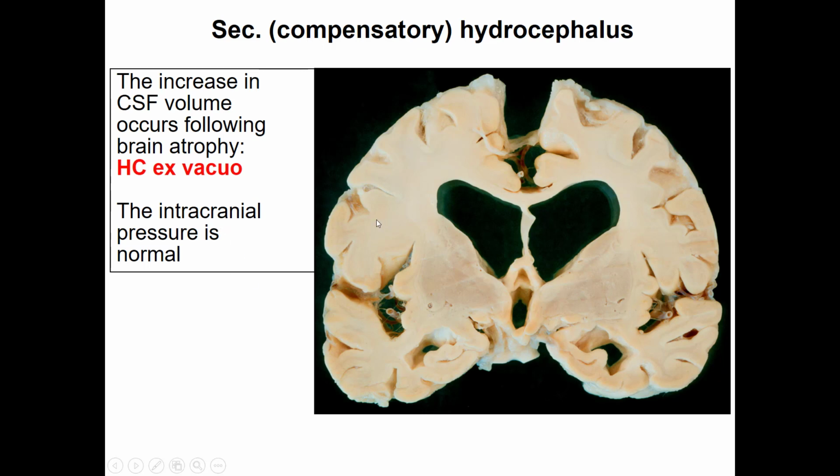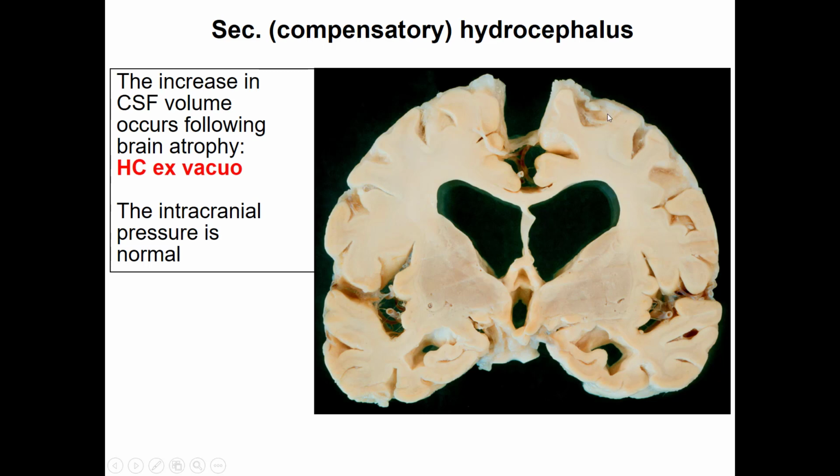So this brain is from a patient who probably suffered from Alzheimer's disease, because the hippocampus, on both sides, is very, very small. There is a wide spacing at the inferior or temporal horn of the lateral ventricle. Here the lateral ventricle is also heavily dilated, and the third ventricle as well.